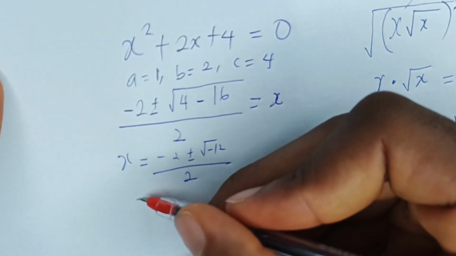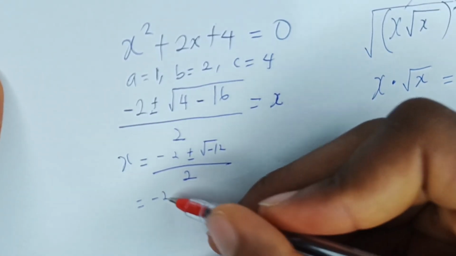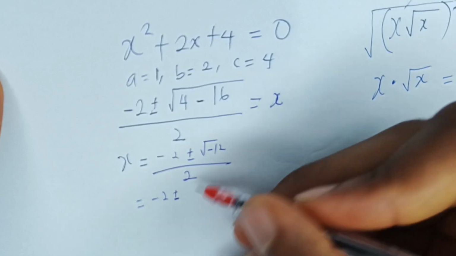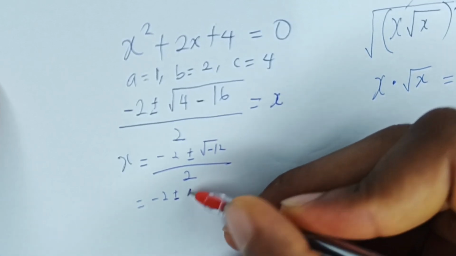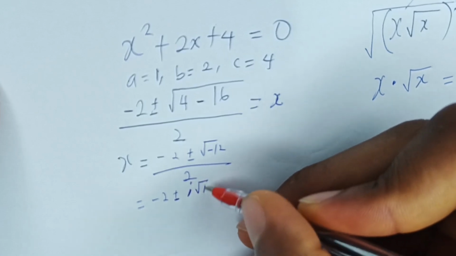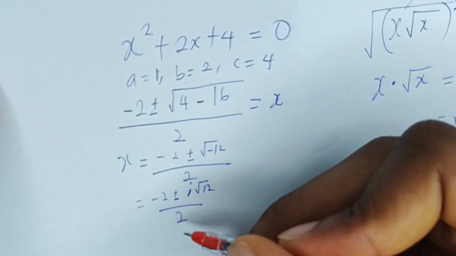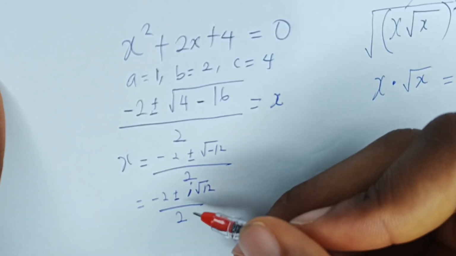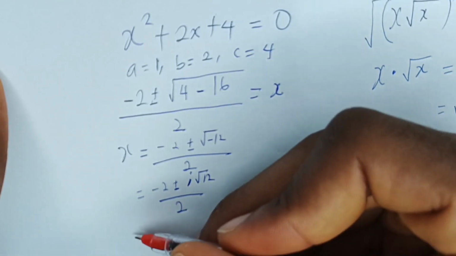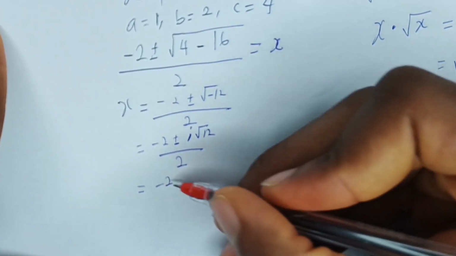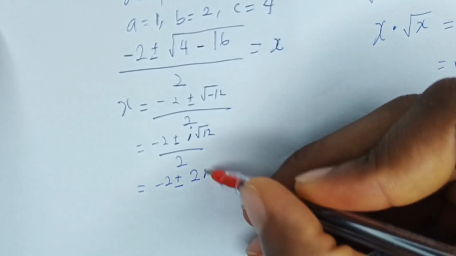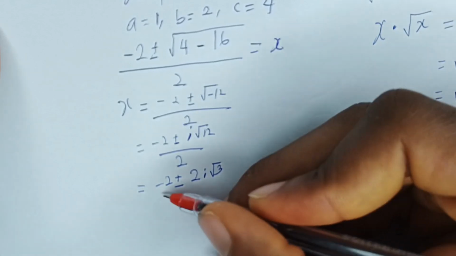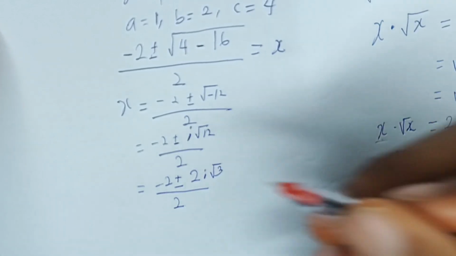Root of negative is i, so this becomes minus 2 plus or minus i root 12. Now root of 12 is also the same thing as 2 root 3. So we have this to be equal to minus 2 plus or minus 2i root 3 over 2.